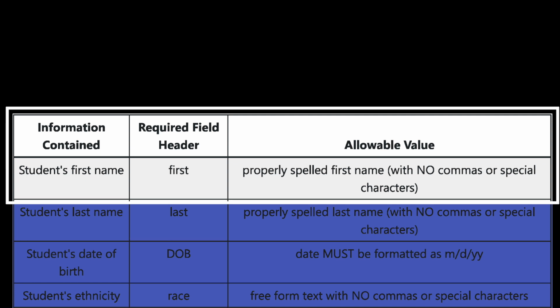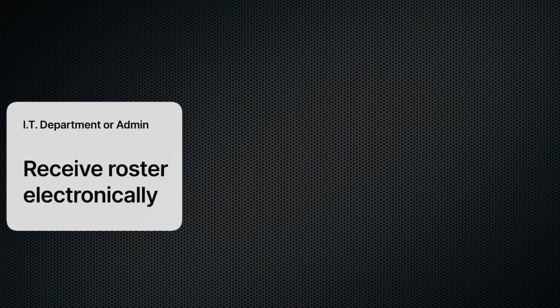The required header is the word first in lowercase, and the allowable values are the student's first name with no commas or special characters. Now, it is possible that the file provided by your IT department contains the information required, but still needs to be formatted by you prior to importing.